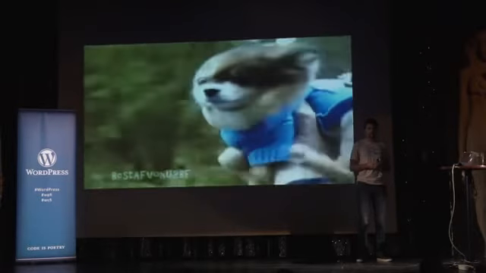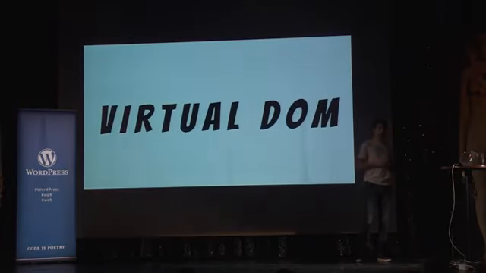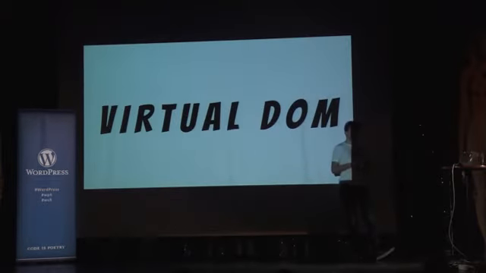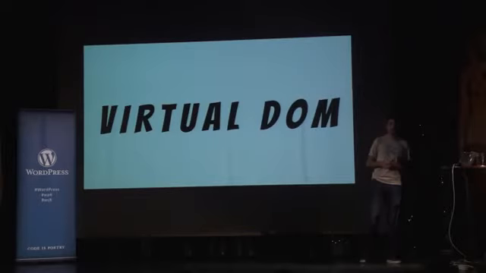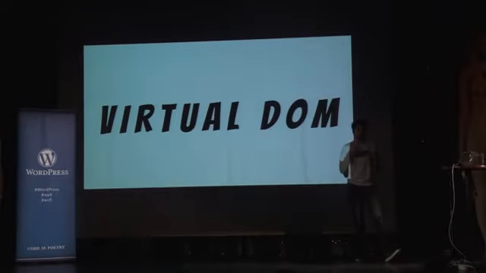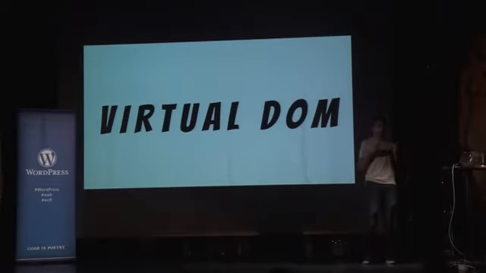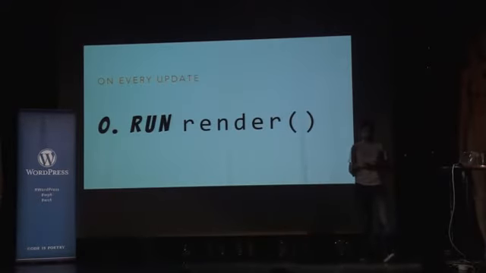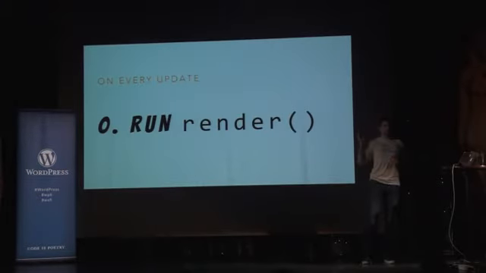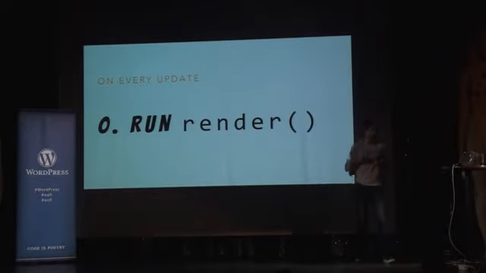And the reason it is very fast is something called a virtual DOM. Instead of removing everything and recreating the whole component, virtual DOM makes things a lot smarter. Every time we want to make a change, for the component that is affected, first we call its render method, which we saw before.